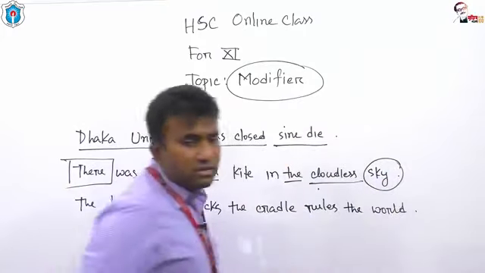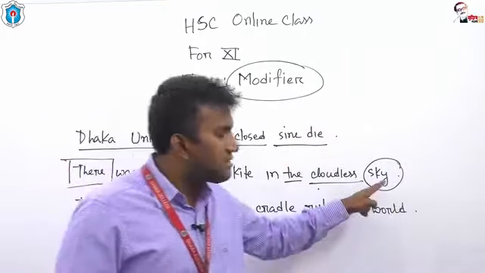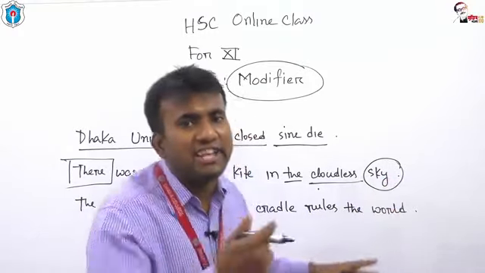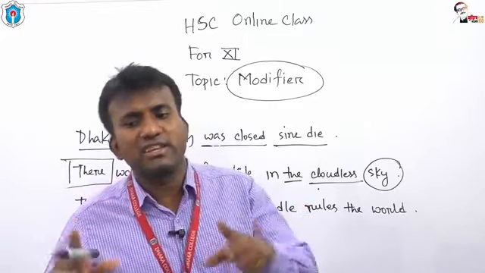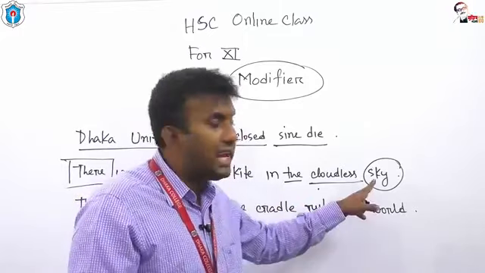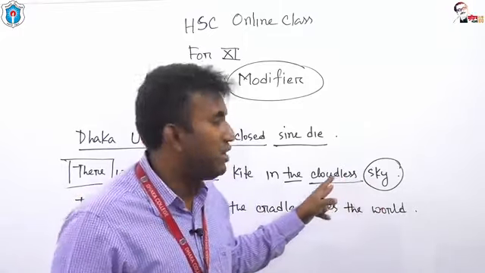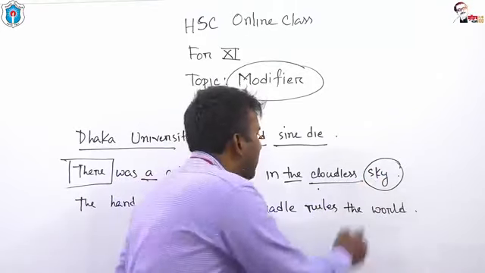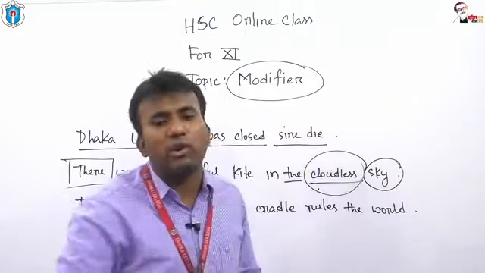Sky is a noun, and this sky is being qualified. I can't say whether it is modified or qualified. I can take a decision after a certain period. Sky is a noun, and this sky is being influenced by the word cloudless.